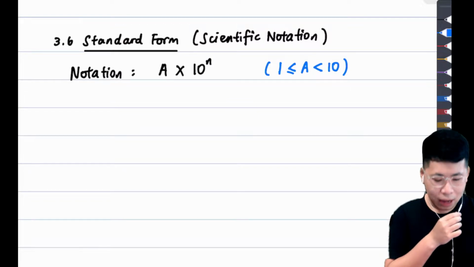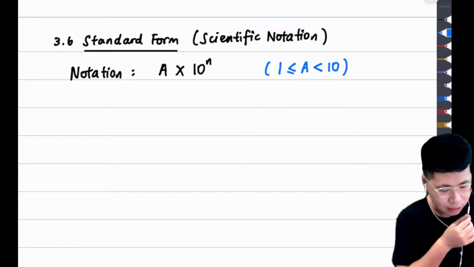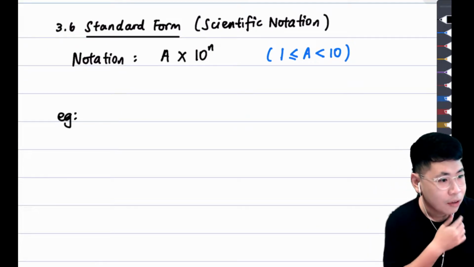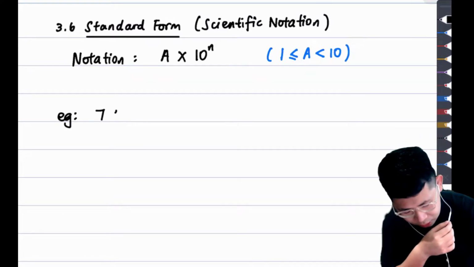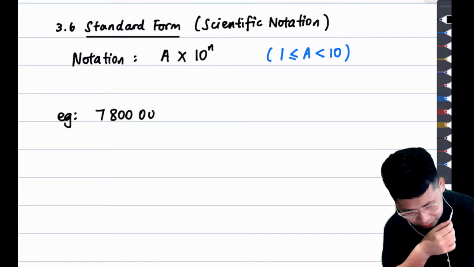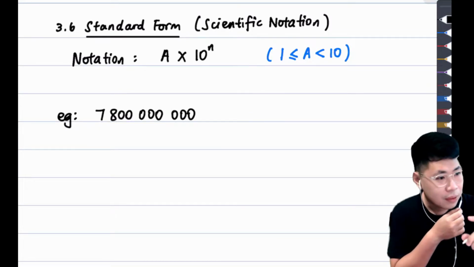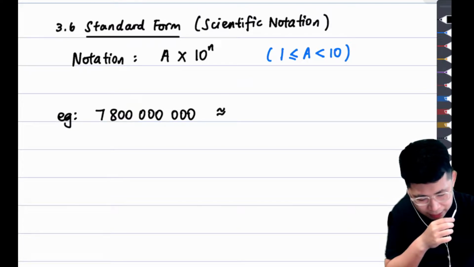So let us take a look at a few examples. The first one, we have the world population as of 2020. Can you see this? So what is this actually? We can write this as 7.8.